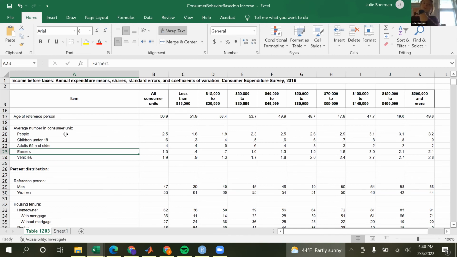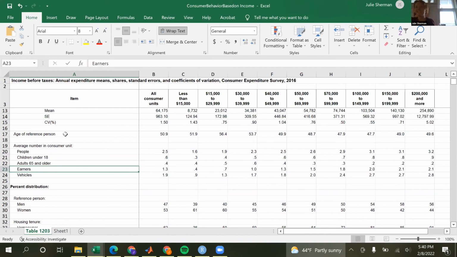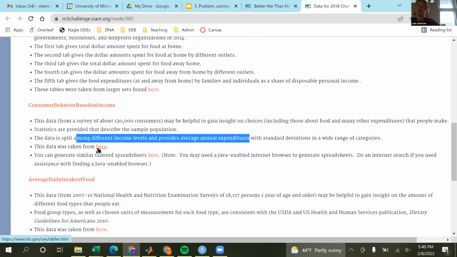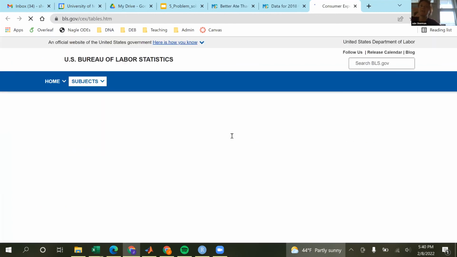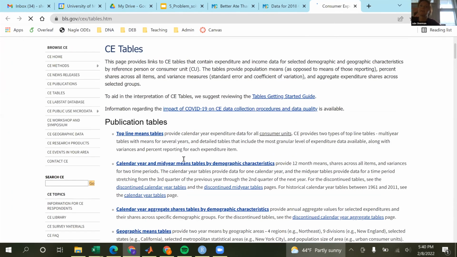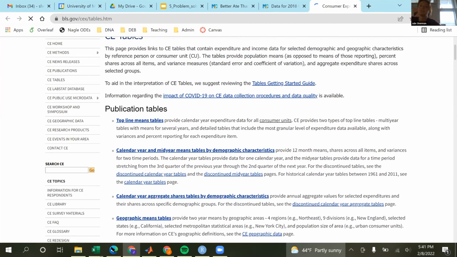Okay, I think I'm reading this wrong. So this is an example where it would be really helpful if, maybe I'm not sure what this is referring to. It gives me where the data comes from. And if I click here, I can probably get more information about this data. And it would tell me exactly what each piece means.